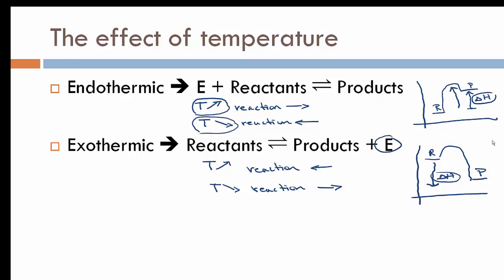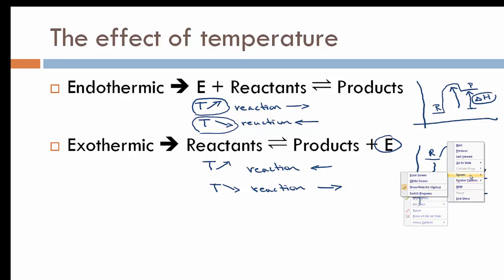So what I'm going to do is describe this on a next slide, which is really a blank slide. So let me get a blank slide up. So what's the other way that we can think about this? Well, let's think about an endothermic reaction, for example. Here's the reactants, and the energy increases and goes to the products like this.